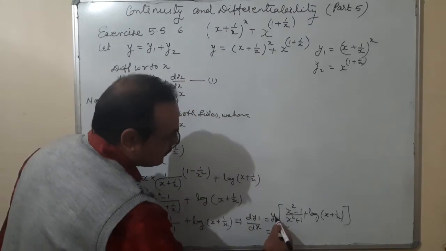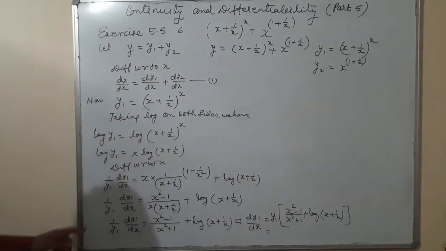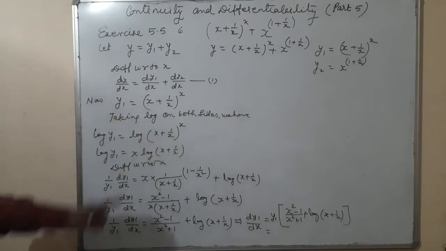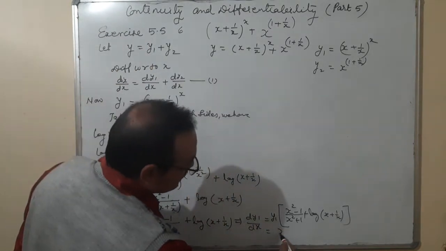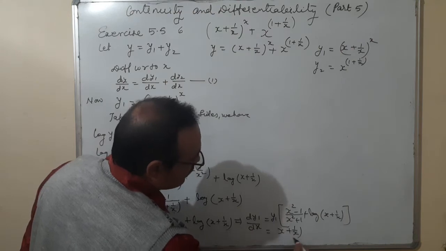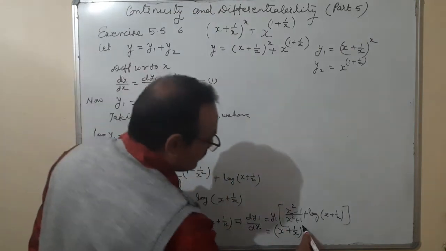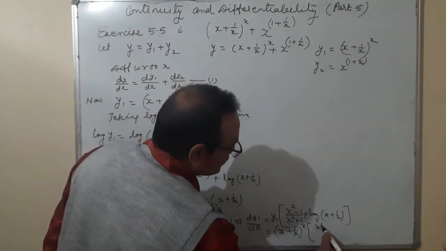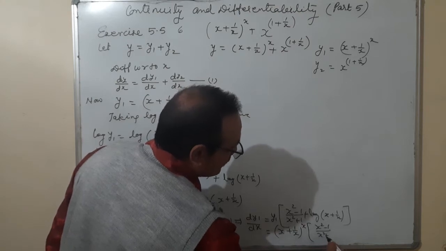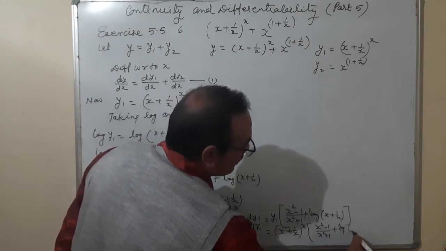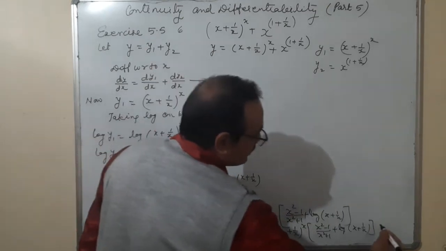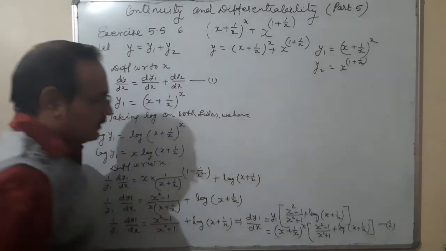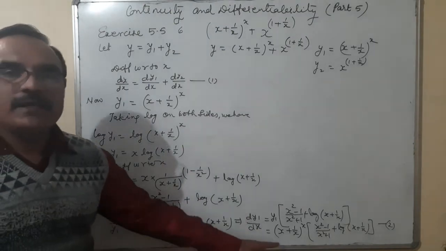So therefore the value of y1 is (x + 1/x)^x. So I'll write here (x + 1/x)^x times the bracket (x^2 - 1)/(x^2 + 1) + log (x + 1/x). This is the value of dy1/dx.